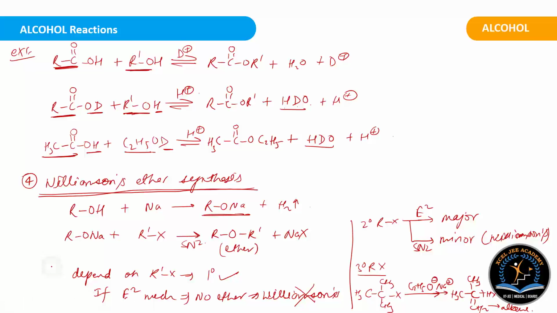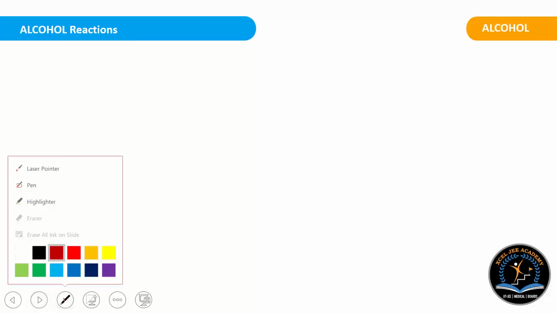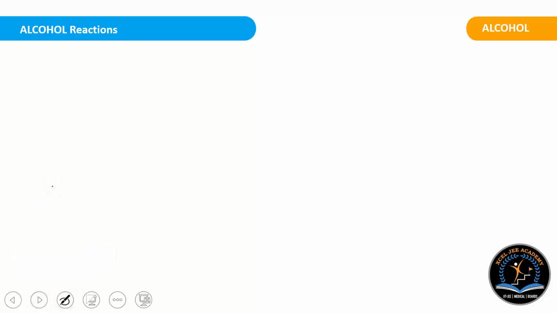Now the next set of reactions, the second one, is referred to as reactions due to the CO bond which is present.